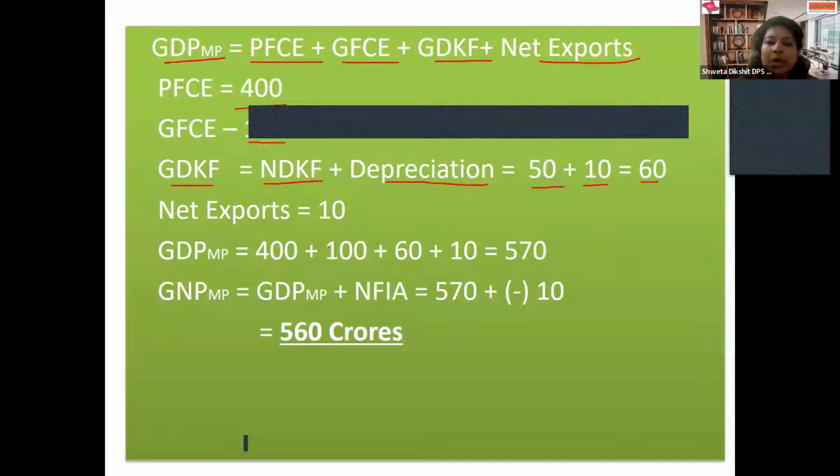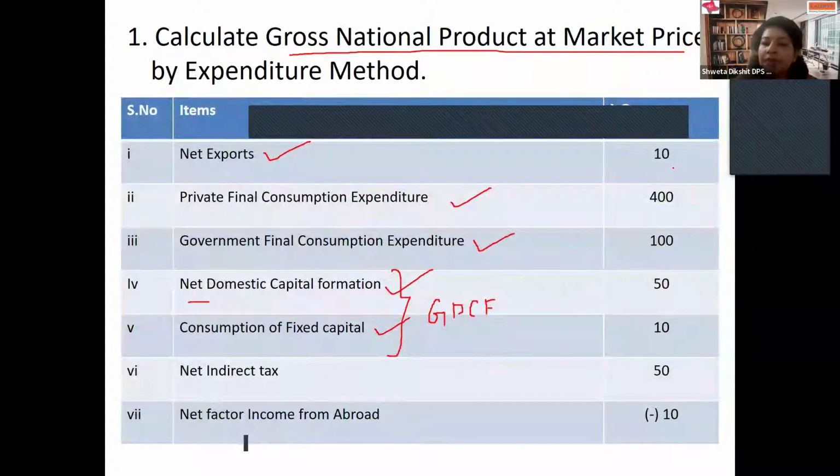So totaling them all, I found 570 for you, and this is here on the screen. The same value has been given, right? Adding them all, including net exports, the same value I found, which we totaled on the last screen. You see, 100, so 10, 400, that is 410, 510, 560, and 570. But this is the value of GDP at MP.